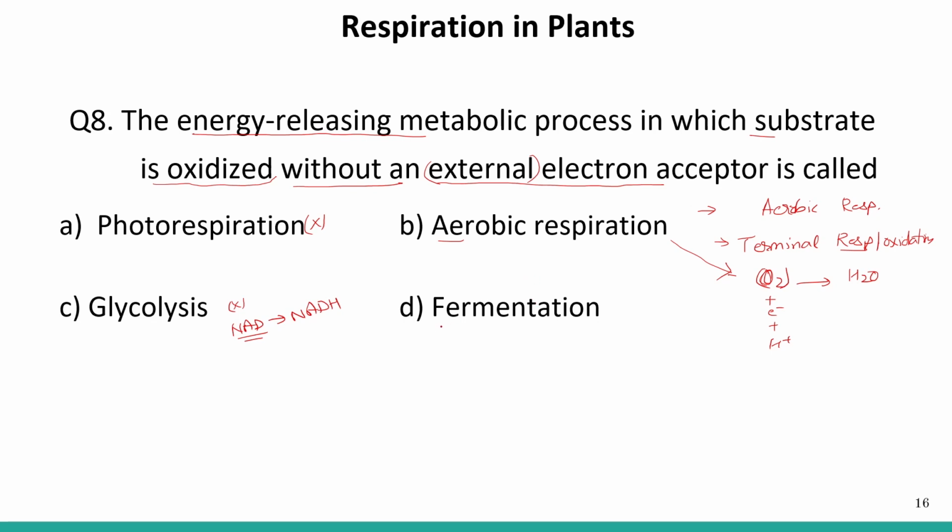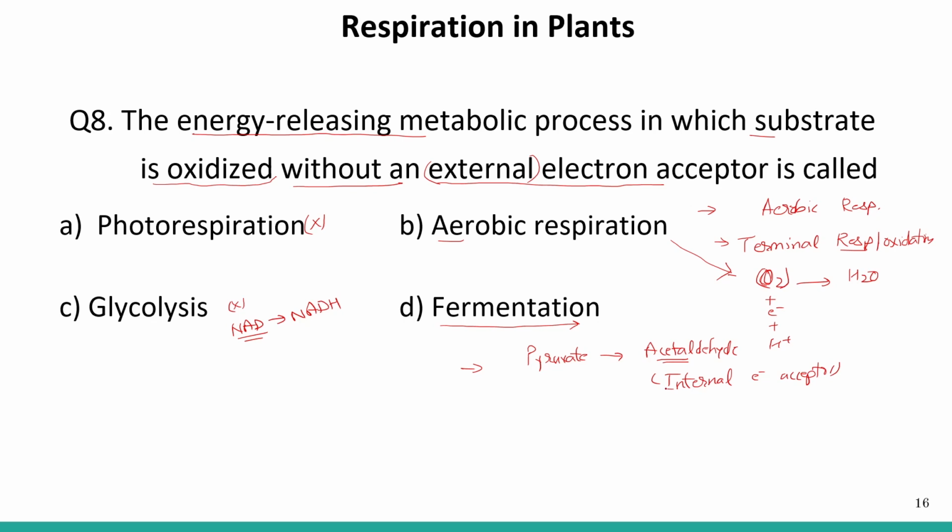But what happens during fermentation? Let's talk about alcoholic fermentation. Pyruvate is converted into acetaldehyde first. This acetaldehyde is known as the internal electron acceptor.